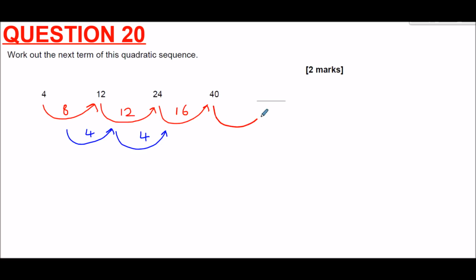The next gap will be 20 because it's getting 4 bigger each time. And so from 40, add on 20. The next number in this quadratic sequence would be 60. And that's it. Plus 8, plus 12, plus 16, next one plus 20. 40 plus 20 is 60.